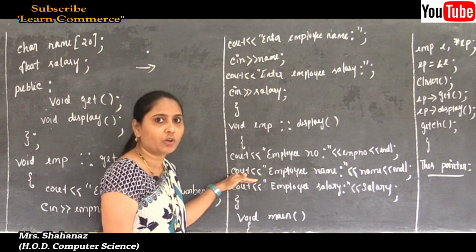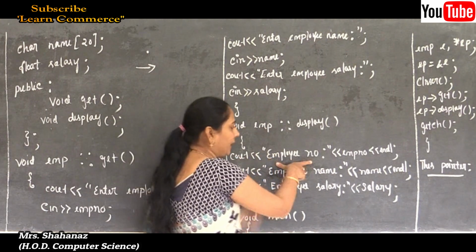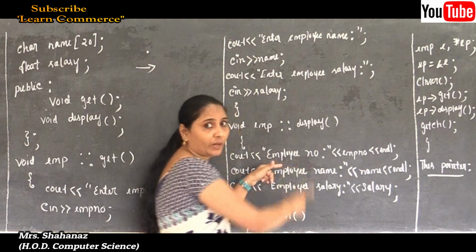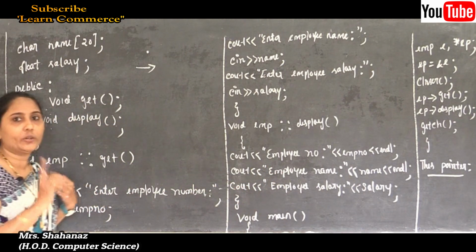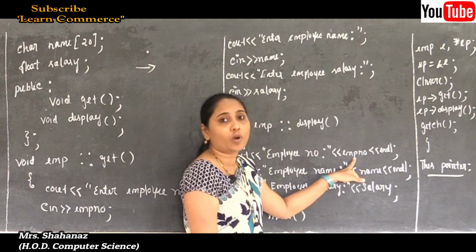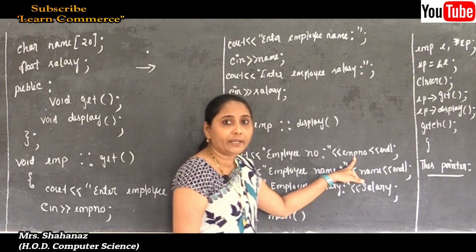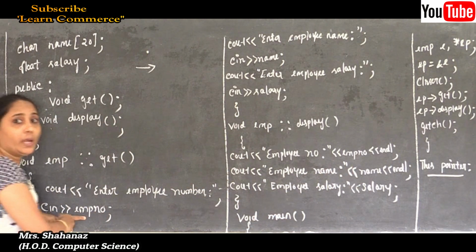information on the monitor. So see, employee number, that means such a message, whatever you write by using double quotation, is going to be displayed on screen here, and without double quotation, whatever value you provided to the EMP number here, such value is going to be displayed.